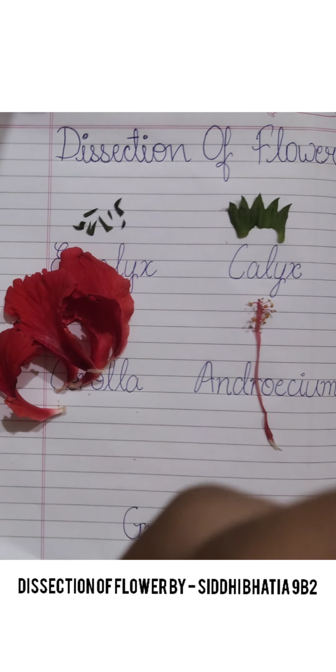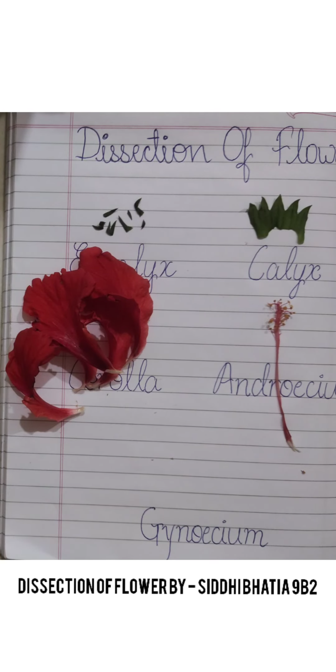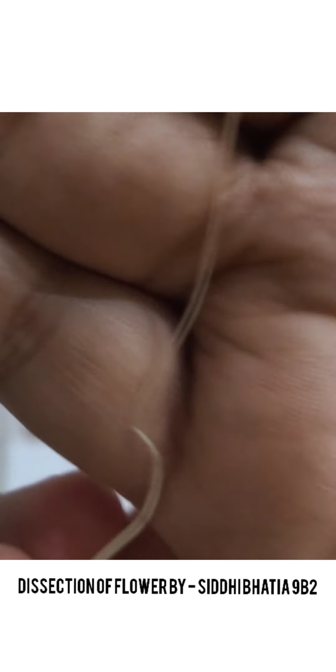This is also staminal tube. Now let's peel this. Inside that there is the part of gynoecium, that means the female part of a flower. So now you can see that this is gynoecium and this red one is stigma.